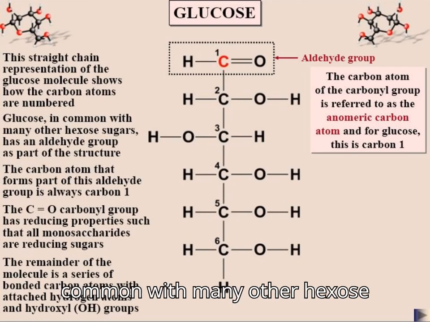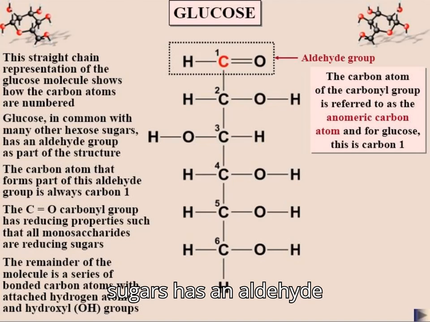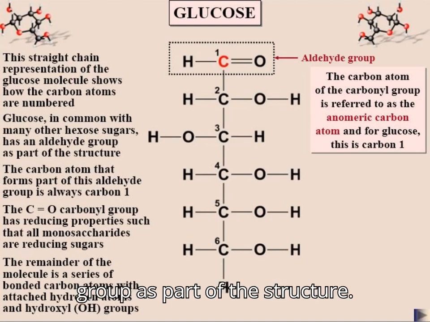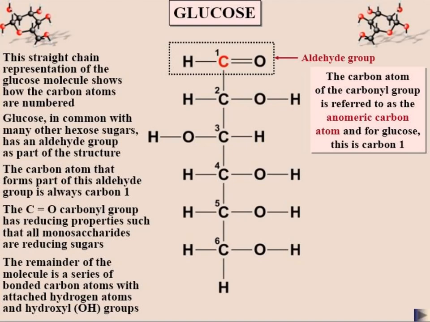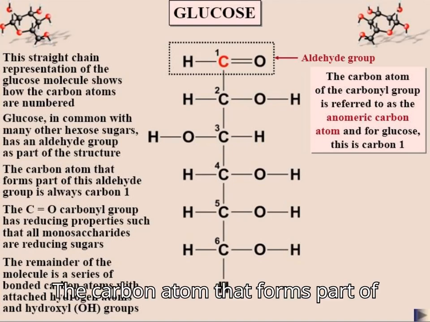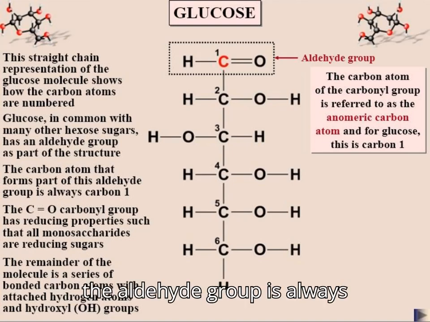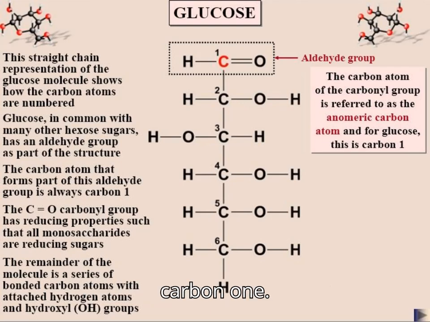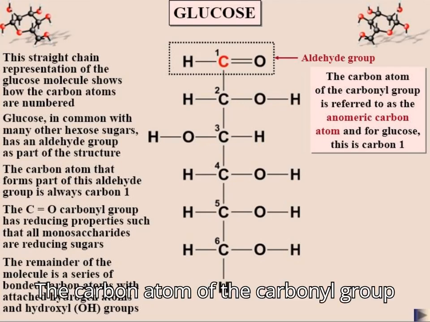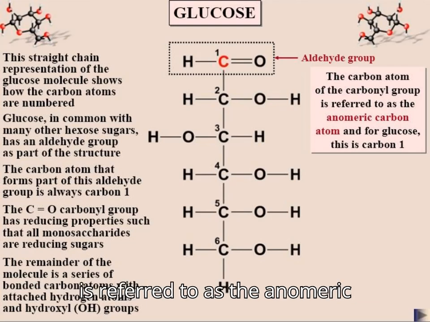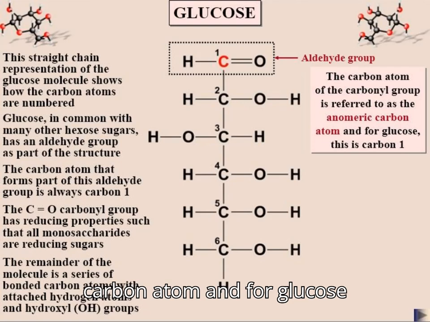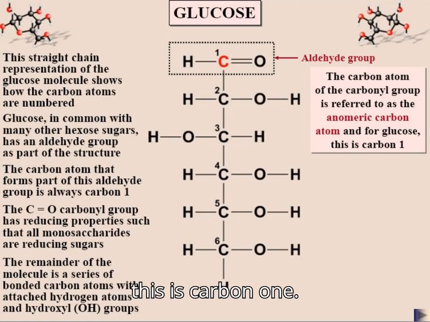Glucose, in common with many other hexose sugars, has an aldehyde group as part of the structure. The carbon atom that forms part of the aldehyde group is always carbon 1. The carbon atom of the carbonyl group is referred to as the anomeric carbon atom, and for glucose this is carbon 1.